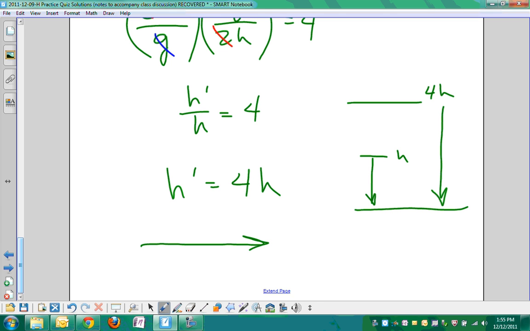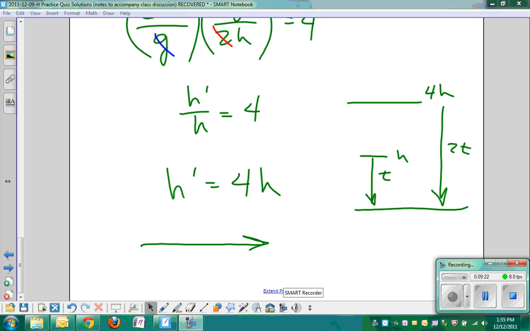So for it to be twice the time it takes 4 times the height, that's answering the same problem, isn't it? Because we need twice the amount of time, because it's going the same speed in the x direction the entire time. So to go twice as far, it has to be twice as long. Everybody okay with that? All right.